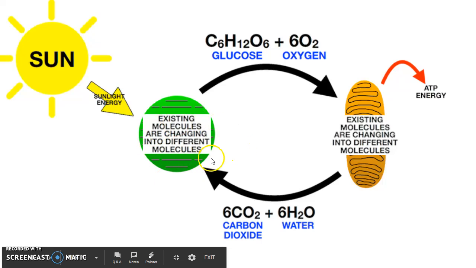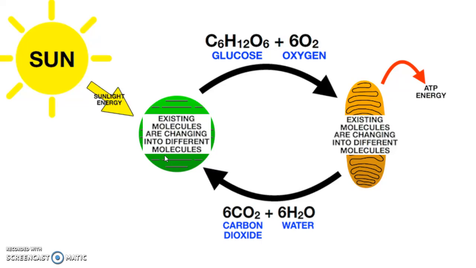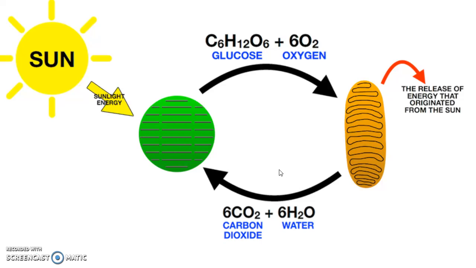Also, in the chloroplast, existing molecules are changing into different molecules, and in the mitochondrion, existing molecules are changing into different molecules. Here, ATP energy is defined as the release of energy that originated from the sun.